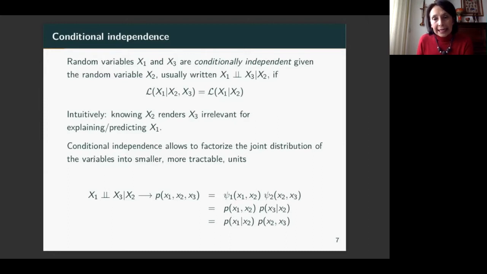So in our running example, you can factorize the joint distribution into a factor which is essentially the joint distribution of the first 2 variables, times the conditional distribution of the third given the second, or you can reverse the viewpoint and factorize using the joint of the last 2 variables, times the conditional of the first given the second. Now, the multiplicity of these factorizations will become relevant in the rest of this talk.